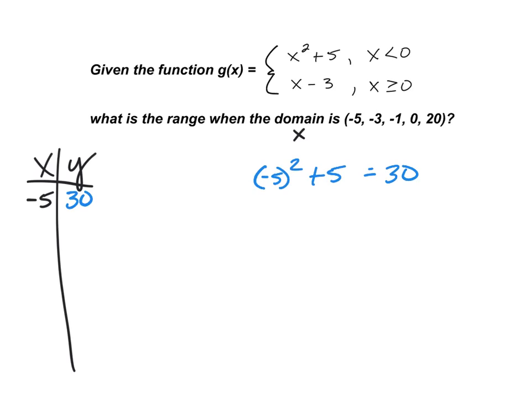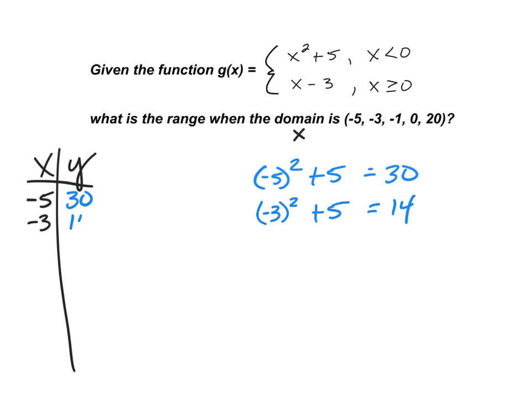Okay, let's move on to the next member of the domain, which is -3. So I've got to decide now which function do I use. -3 is also less than 0, so I'm going to be using the same function, which is x squared plus 5. And this time, instead of -5, I'm going to plug in my new member of the domain, which is -3. Well, -3 squared is 9. 9 plus 5 is 14.